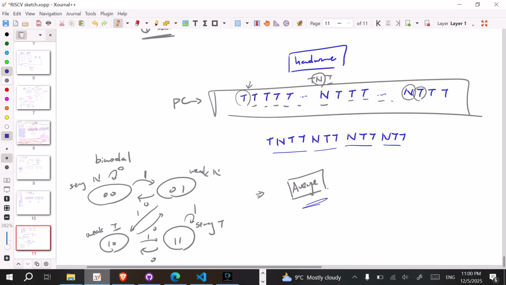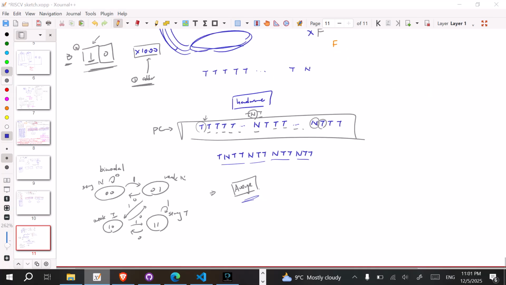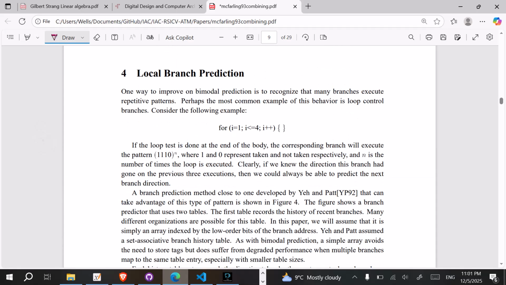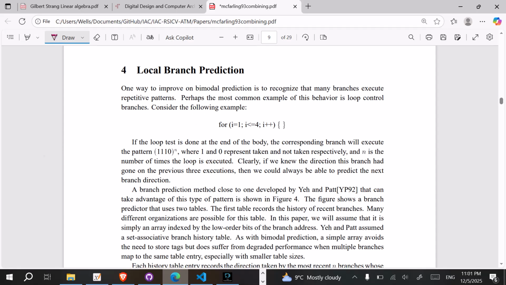Wouldn't you be suffering a lot from the branch prediction, isn't it? So that's a problem. So bimodal is clearly not enough, and you can see from the reference that there is a local branch predictor. So for sure, you definitely have to do some sort of update.